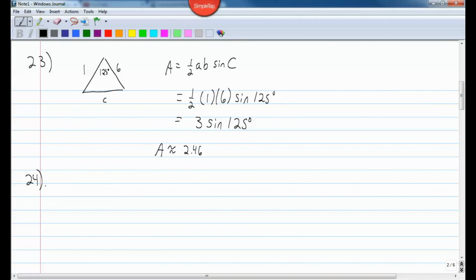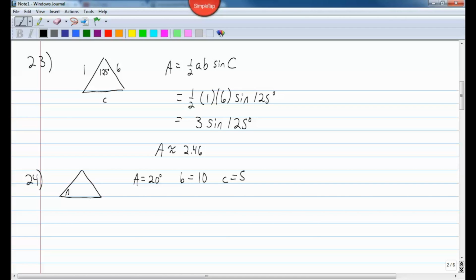On number 24, we're not given a triangle, so you might just want to draw one. We're given that angle A equals 20 degrees, side b equals 10, and side c equals 5. Alright, so I'm going to go ahead and label all the sides and the angles of the triangle, and then I can come back in and put in what I have.